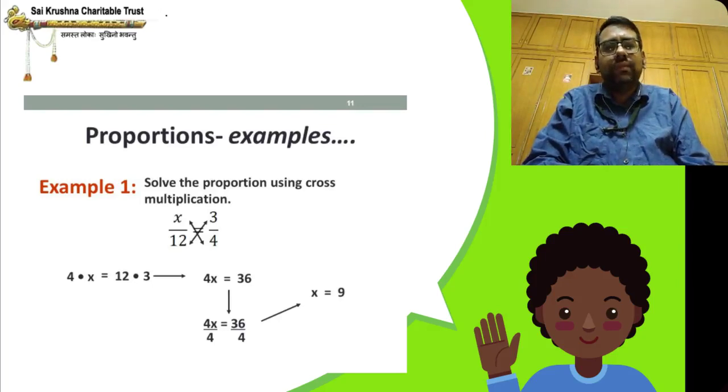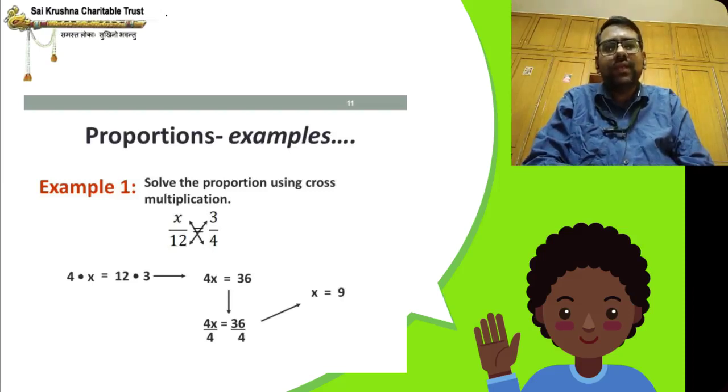Now do cross multiplication. Numerator 1 into denominator 2 is equal to denominator 1 into numerator 2. What will we get? 4 into x equal to 12 into 3. 4 into x can also be written as 4x. 4 into x and 4x are the same. Don't get confused.